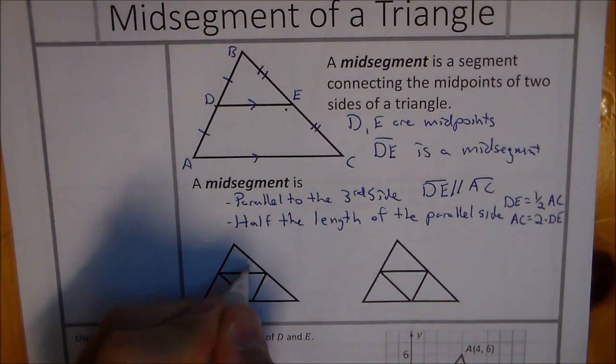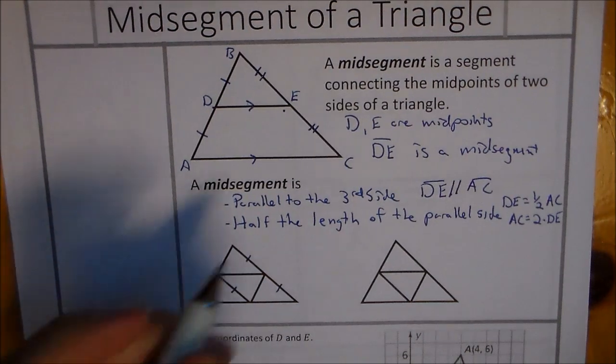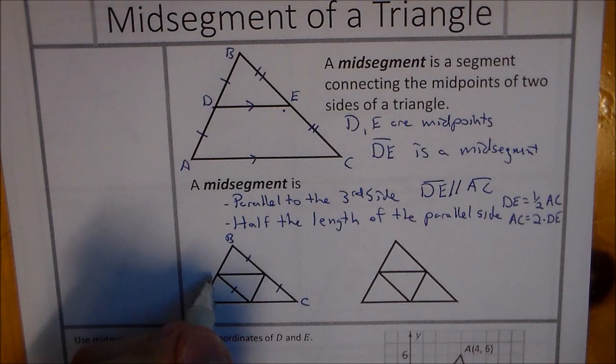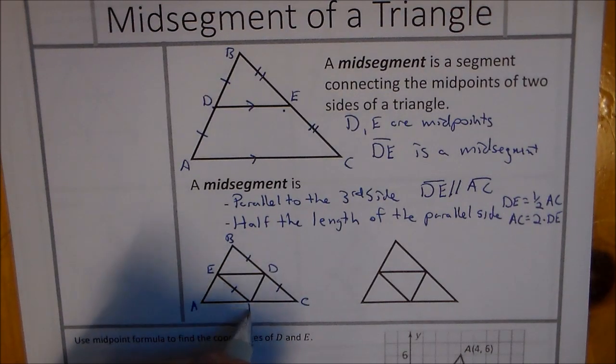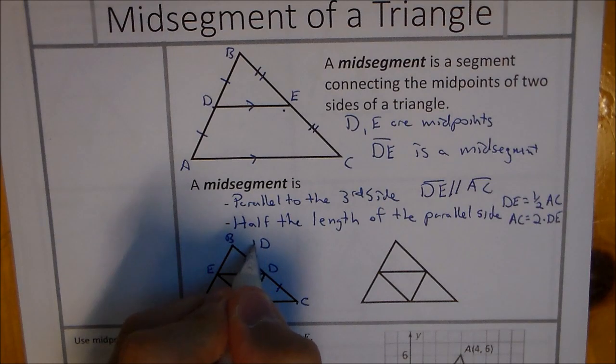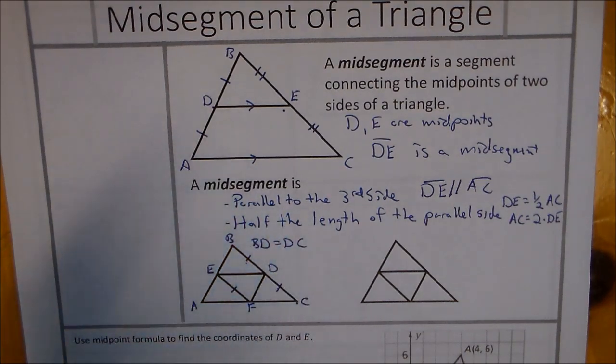So if I look at the length portion of it, I know of A, B, C, and we'll label the other ones E, D, F. I know that BD and CD are the same because they are midpoints at D, so we know BD is equal to DC.